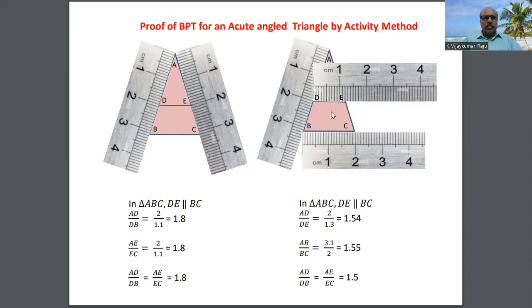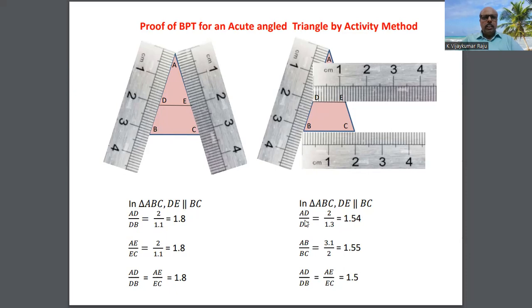Now let us take one more ratio of the same triangle. Now let us take the length of the parallel lines and one of the sides. Now I am planning to take AB and DE and BC. Now if you see the measurement of AB, AD is 2 centimeters, DB is 1.3 centimeters. And 2 upon 1.3 is 1.54.